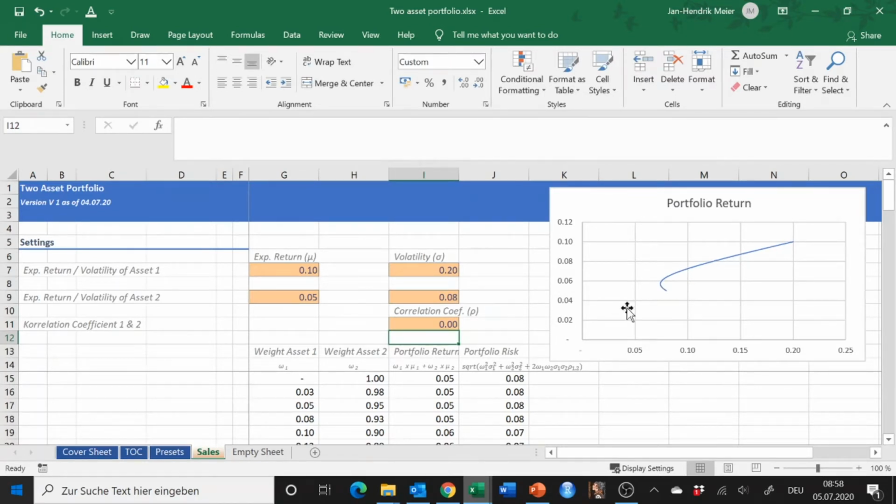Now we see that the curve has this belly-like curvature, and we see that there is a portfolio of the two assets, mixed out of the two assets, that has a higher return and a lower risk than asset number 2. So it is definitely worthwhile thinking about mixing.